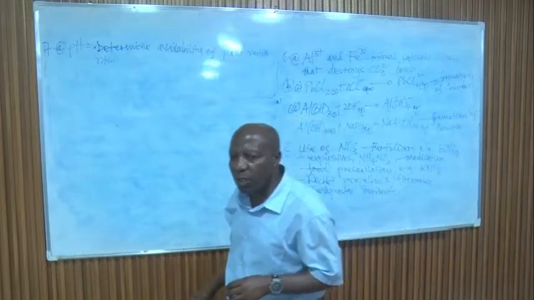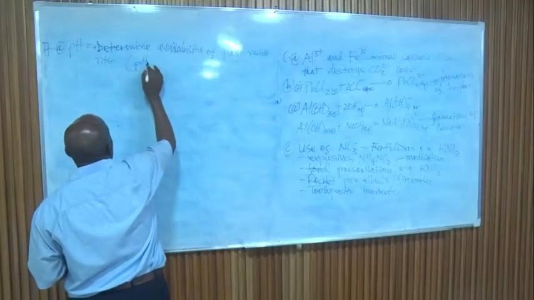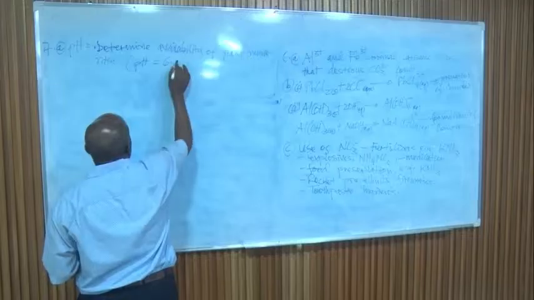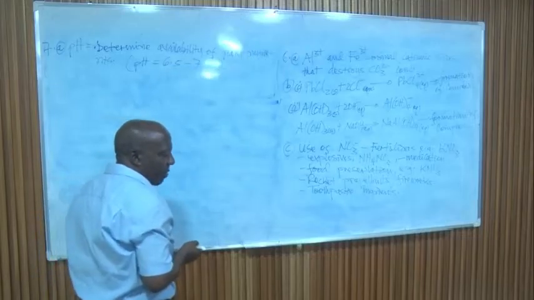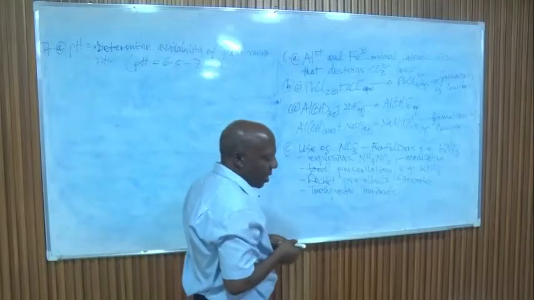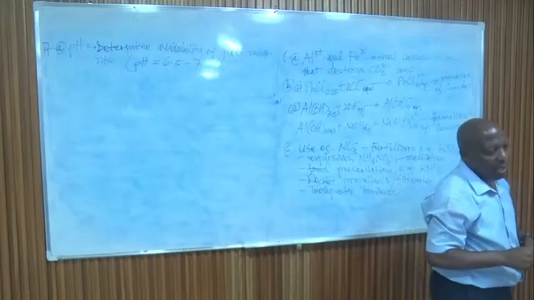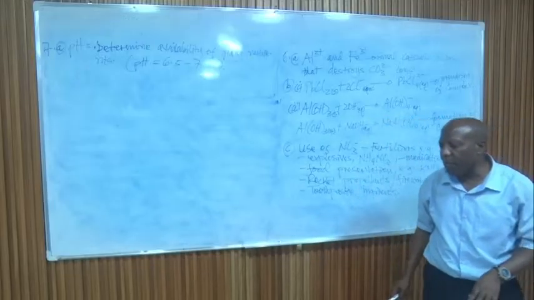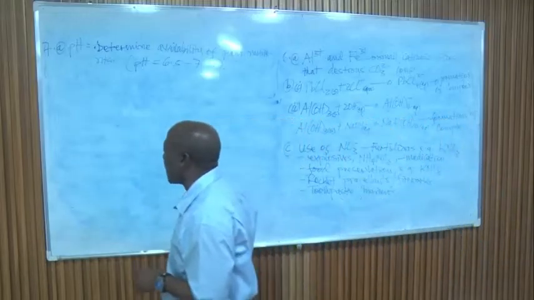For example, most plant nutrients are available in this pH range, about 6.5 to 7.5. But out of this range, most plant nutrients are found in or absorbed on the soil colloids, so they are not available for plant absorption.